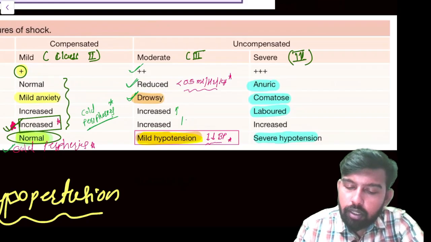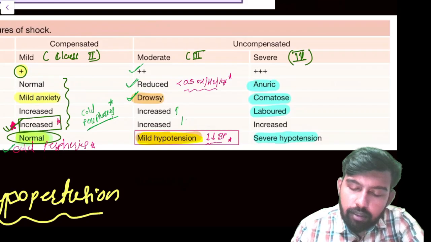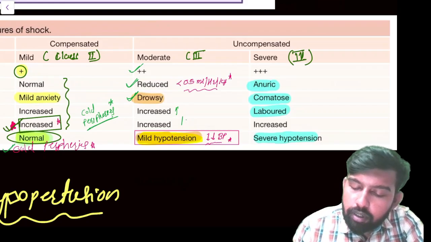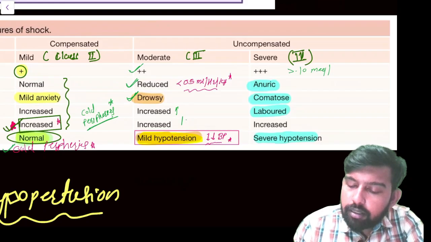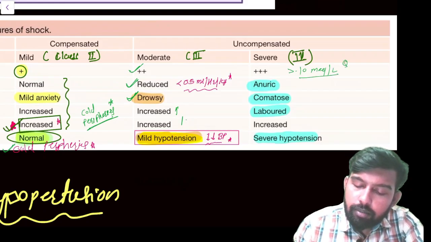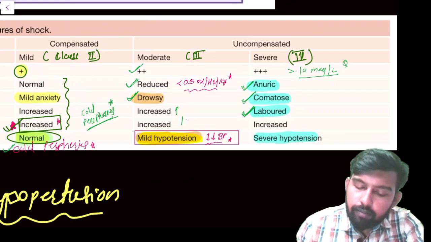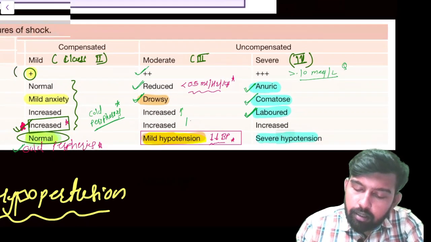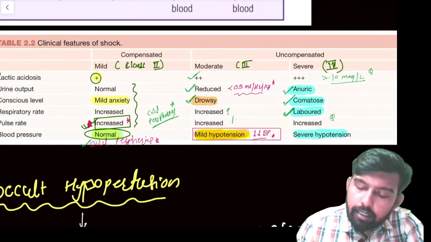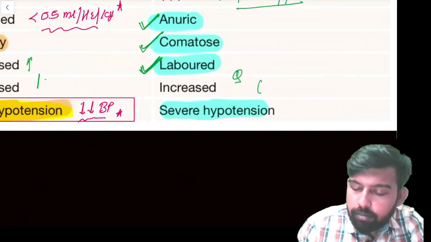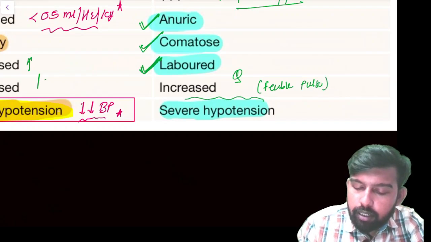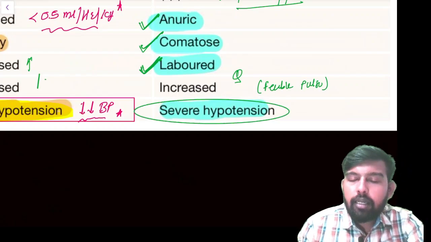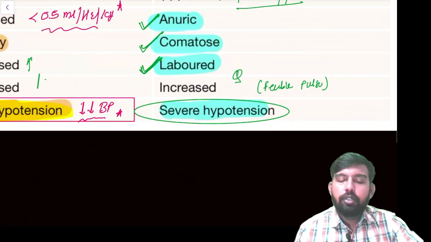In severe shock, that is class 4 shock, there is a profound base deficit of more than minus 10 milliequivalent, the patient becomes anuric and comatose, and there is labored breathing. There is tachycardia with a feeble pulse, and there is severe hypotension in a severe type of shock.